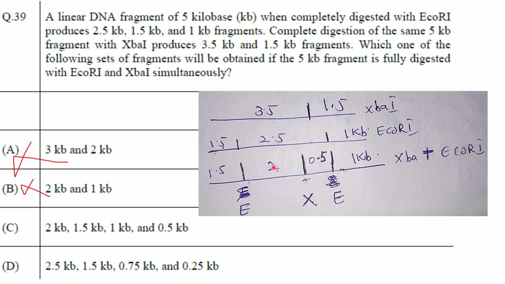That can be split into 2 and 0.5. So XbaI will cut over here. So 2 plus 1.5 will give you 3.5, which is cut by XbaI. Then you will have a 0.5 kb fragment and a 1 kb fragment.